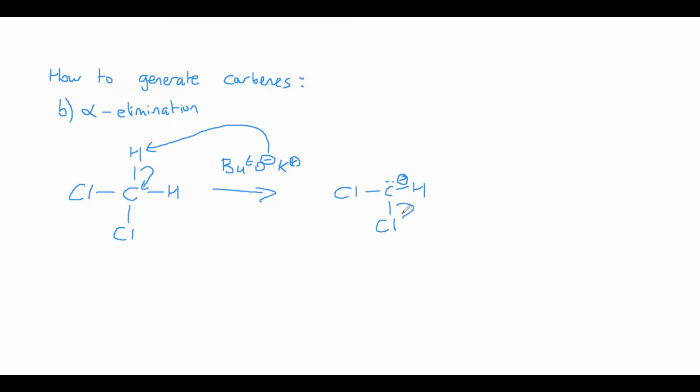When this happens, we can get our leaving group to leave. This could be either of the chlorines, it doesn't matter. And we form our carbene, as shown there.